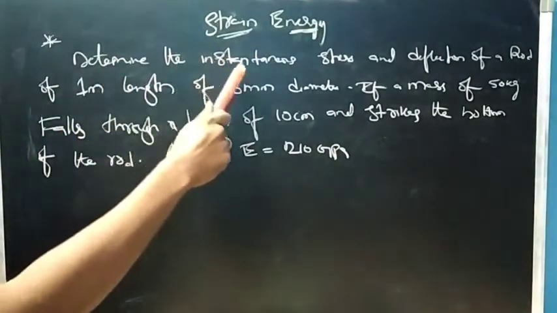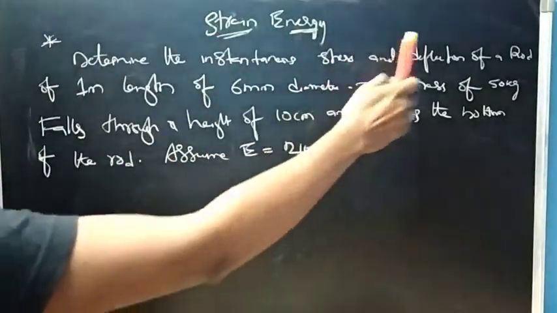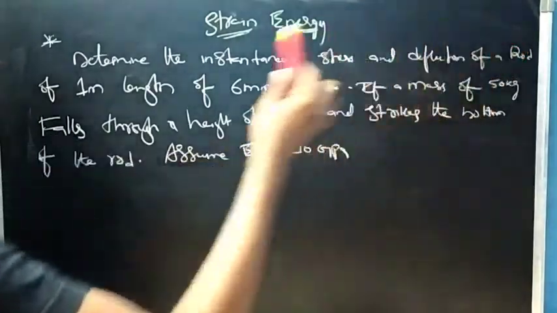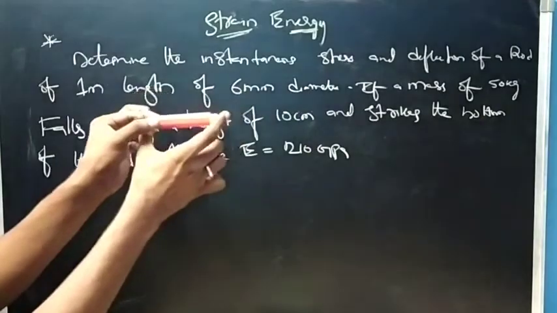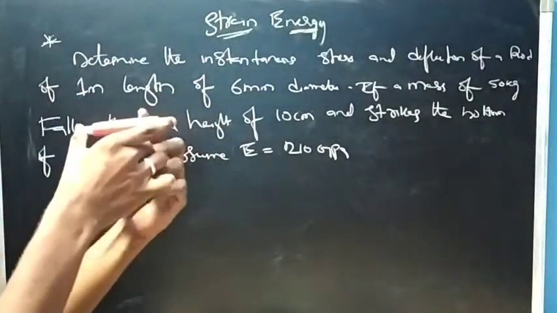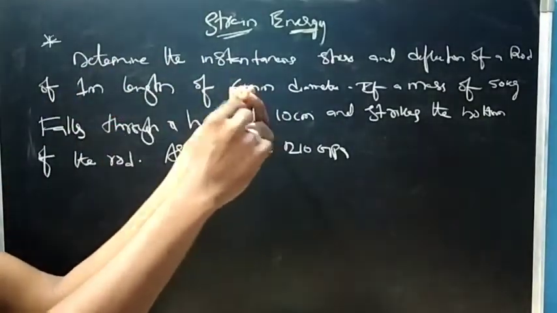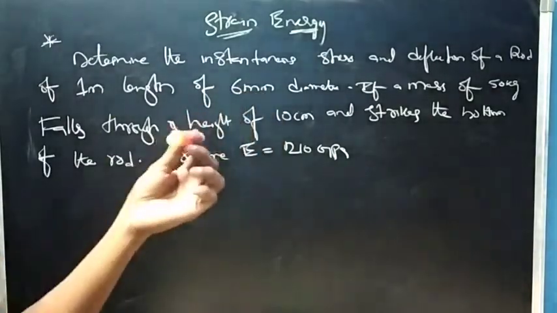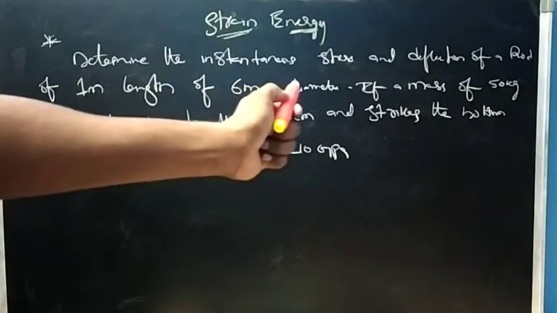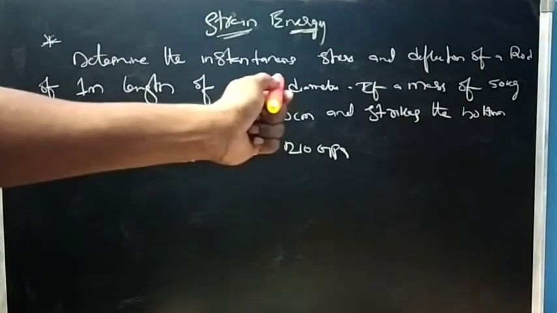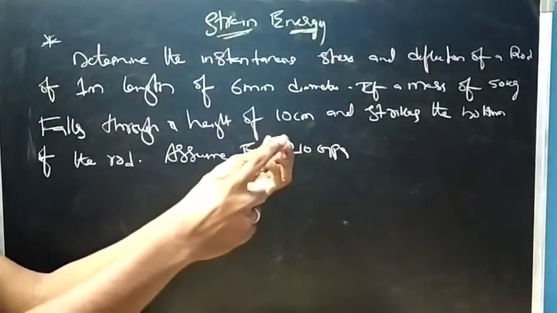So determine the instantaneous stress and deflection of a rod. Let us say this is a rod and this is 1 meter in length and 6 mm in diameter, okay, 6 mm in dia.